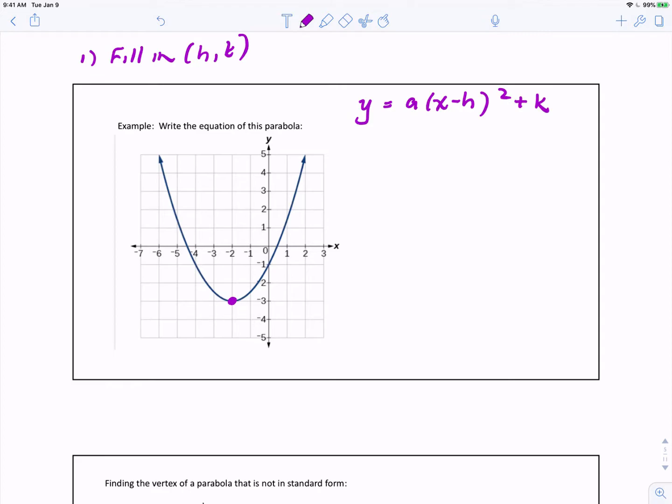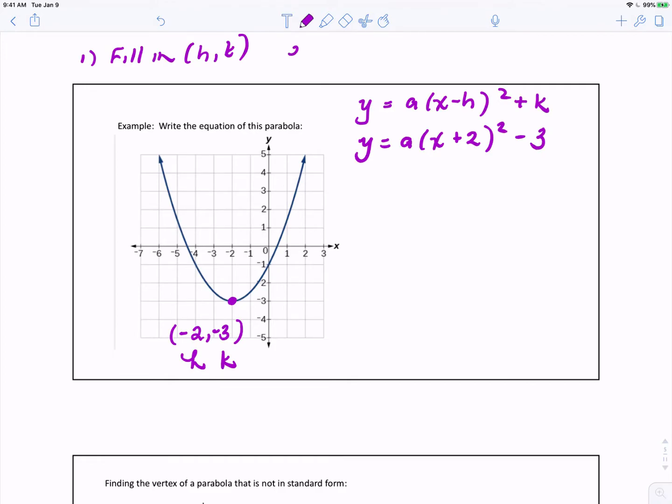This parabola has a vertex at (-2, -3), so h = -2 and k = -3. So far we have y = a(x - -2), which is the same as x + 2, plus -3, which is the same as subtracting 3.